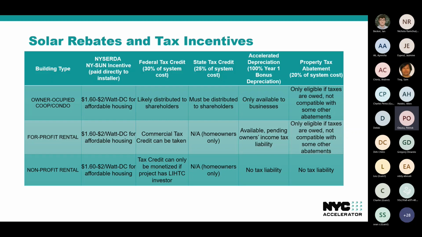There's also the state tax credit, and these two are income tax credits. And there are the accelerated depreciation and property tax abatement. You can see in this matrix, before we move on, that some incentives are more applicable to certain building types than others, so we always want to make sure that buildings are getting the best incentive view.